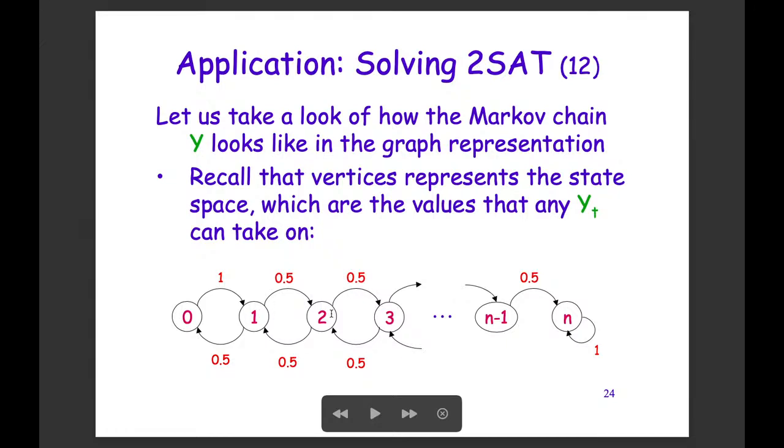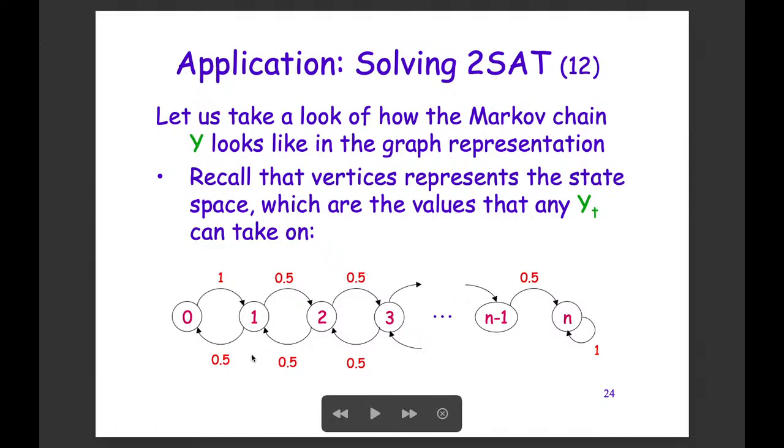By analyzing this chain, what we will see is that the chance of our original chain reaching the state n, that is reaching the case that we have all the correct assignment, will be greater than the chance for this chain to reach n. The reason is that for our case, every time we go forward, we have more probability, and every time we go backward, we have less probability.